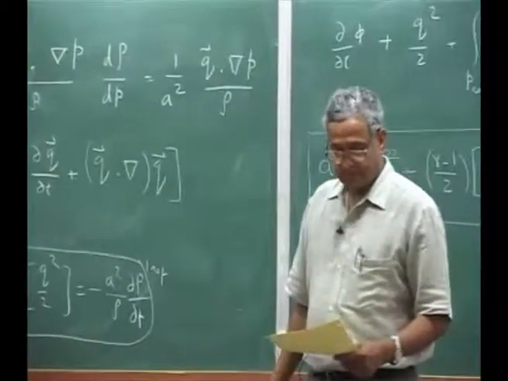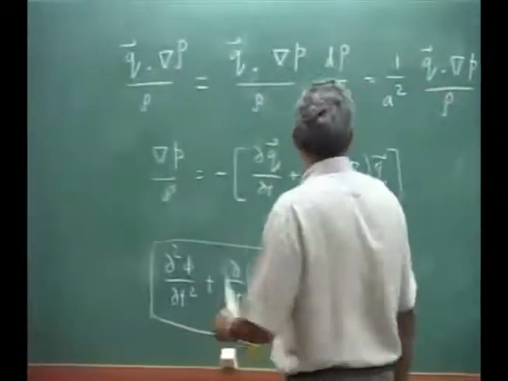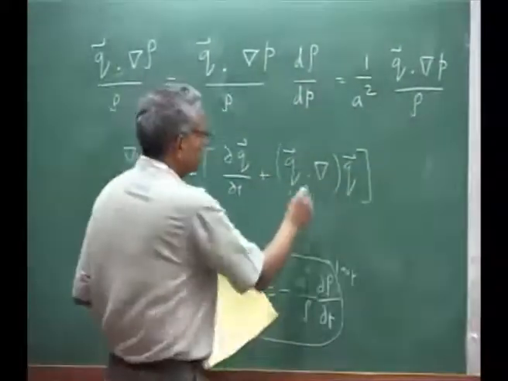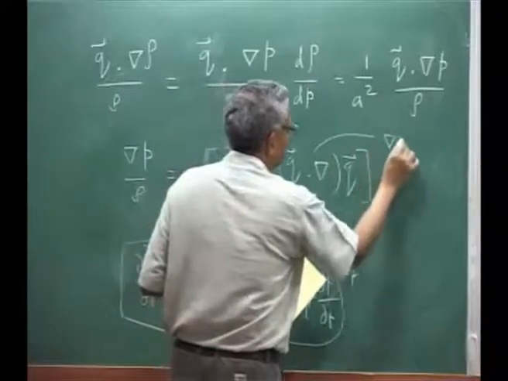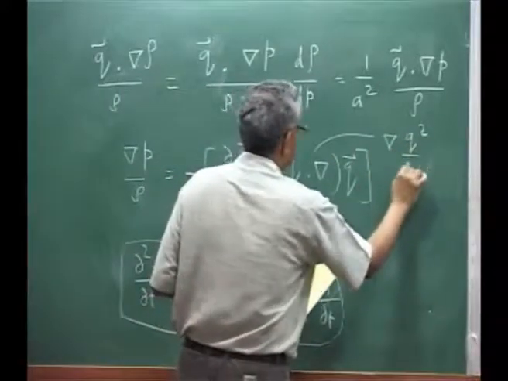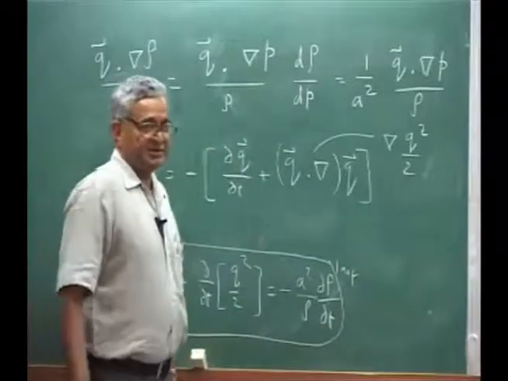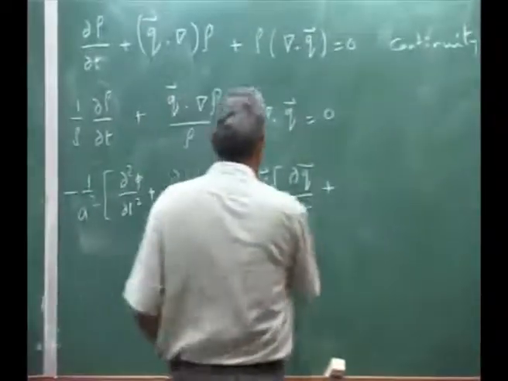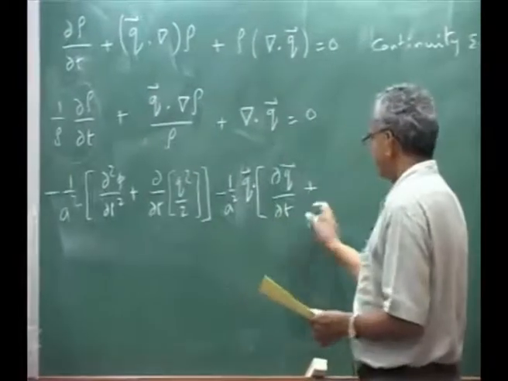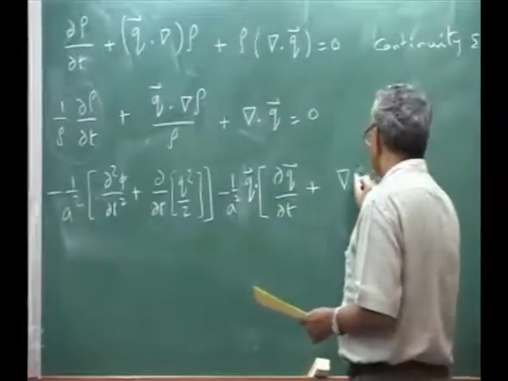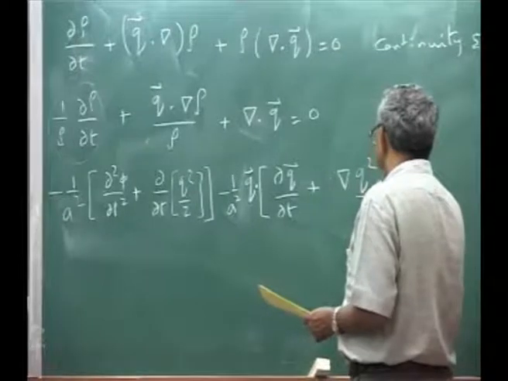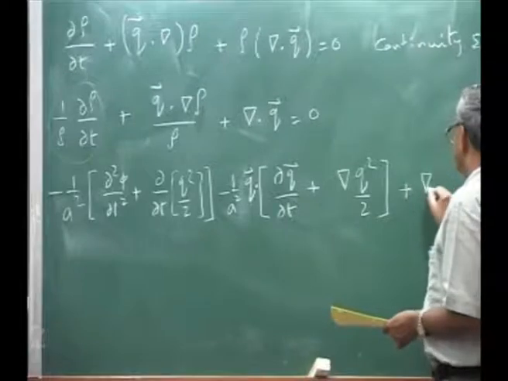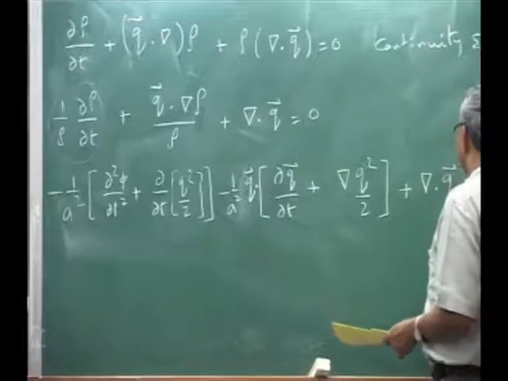That is nothing but del q square, right? This we wrote it as q square over 2, okay, this term. So you will have here q dot del q by del t and then del q square over 2 plus 0.